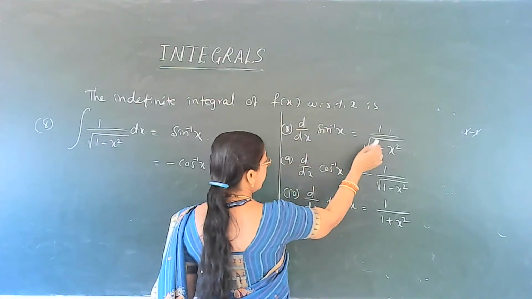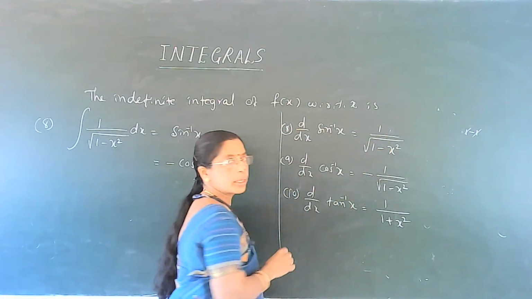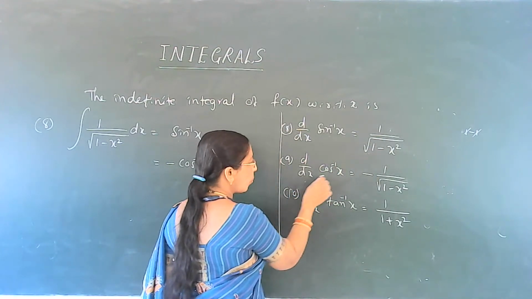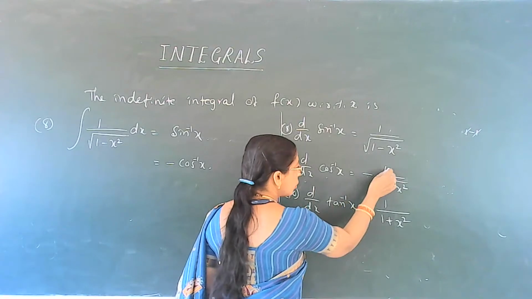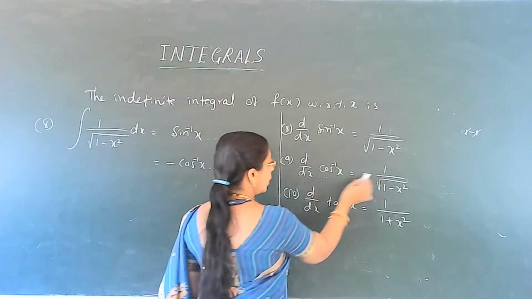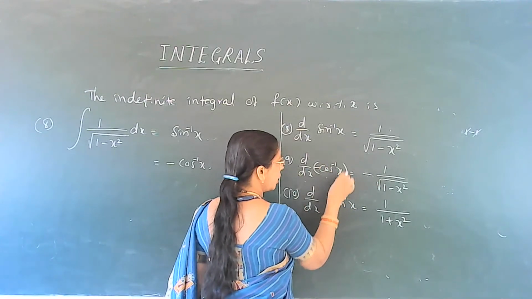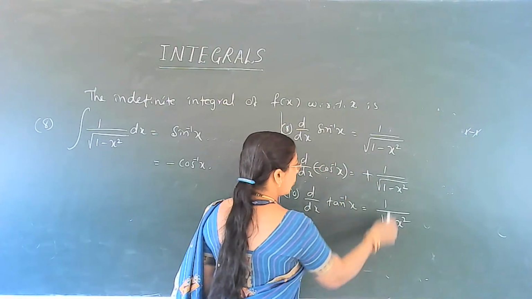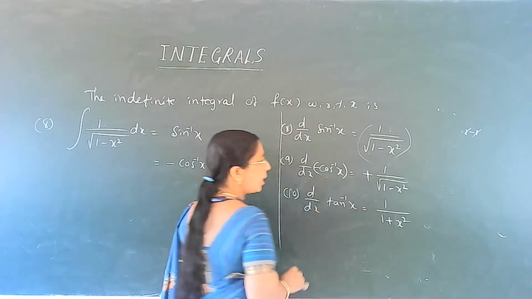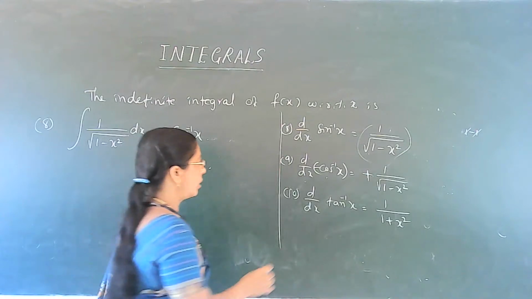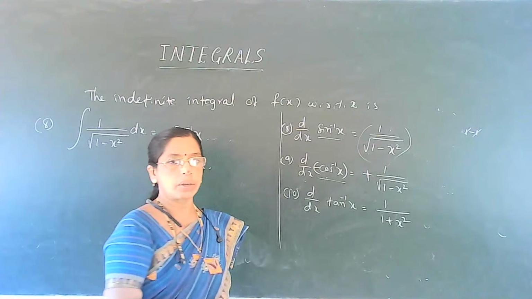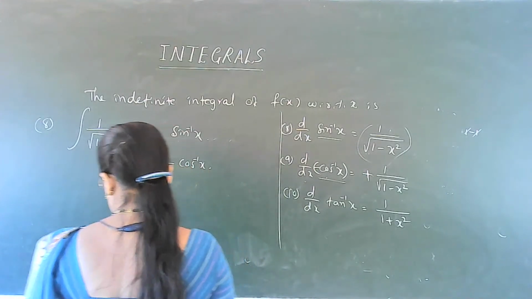Because the derivative of sin inverse x is 1 by square root of 1 minus x square, and the derivative of cos inverse x is minus of 1 by square root of 1 minus x square. Therefore, change the sign here, it's a plus. So the integration of 1 by square root of 1 minus x square is sin inverse x or minus cos inverse x.